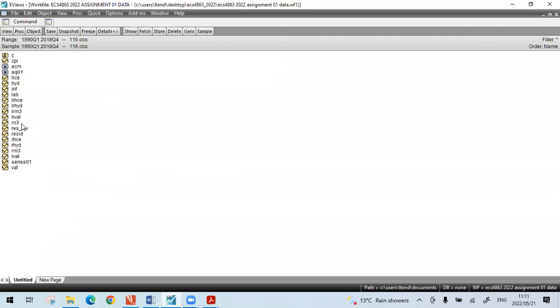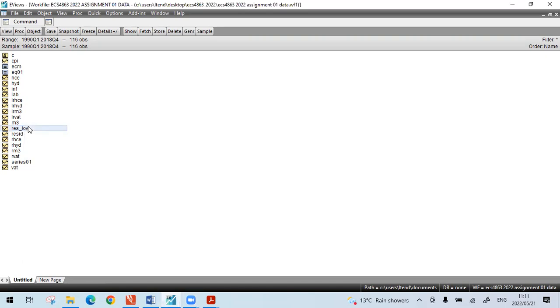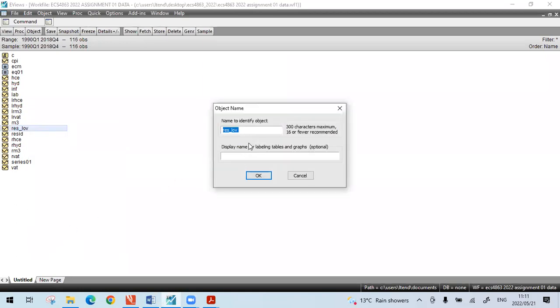Because if I send you this wake file and your name is, let me just mention it in passing, Alvina. Alvina, are you there? Yes, if I send you this wake file and your name is Alvina, you just go to your resid, you go to rename here, then it will be L, Alvina, L. Is it like this?